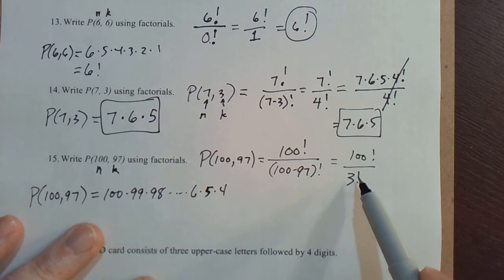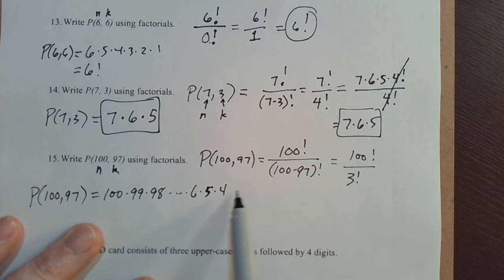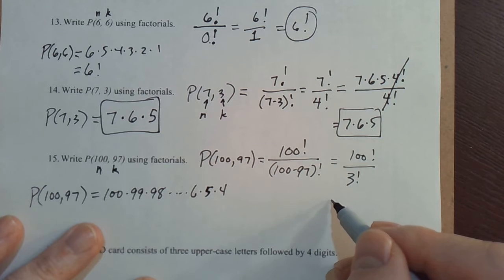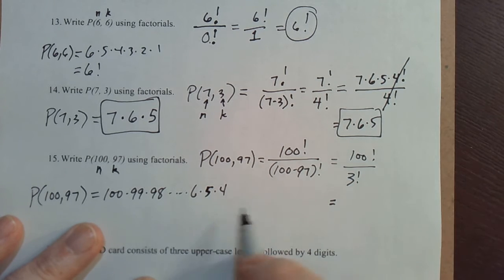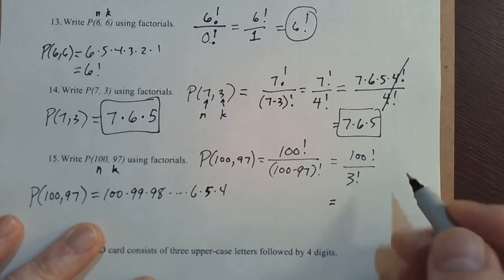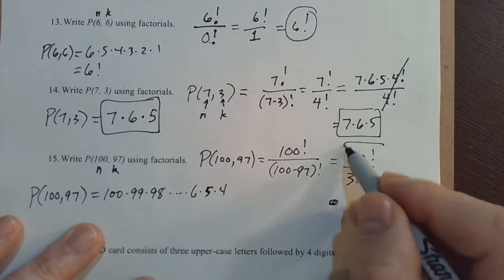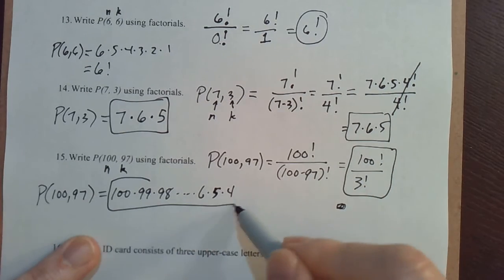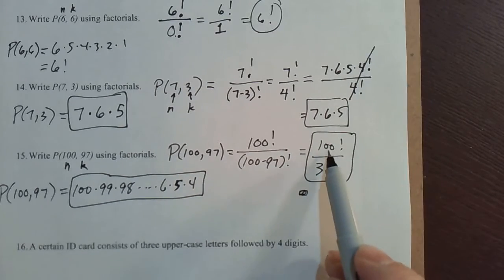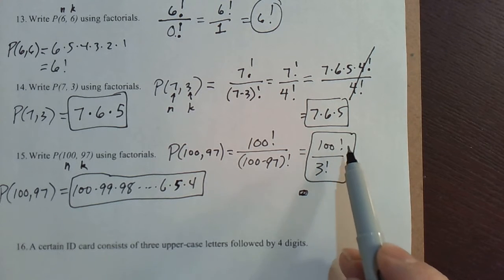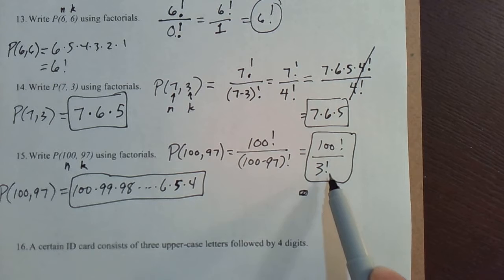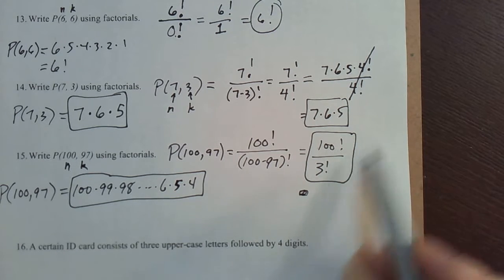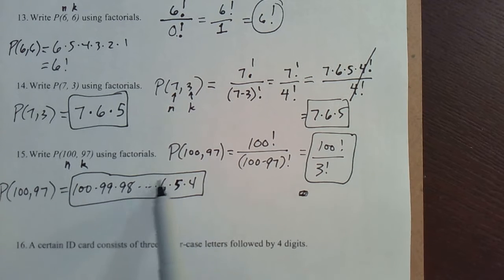The 3 factorial cancels out, notice the 3 factorial is missing from this, and that explains why. This would be 100 factorial, 100, 99, 98, 97, all the way down to 1. But then the 3, 2, 1 here would cancel out the 3, 2, 1 upstairs, leaving us with this, 100, 99, all the way down to stopping at 4.